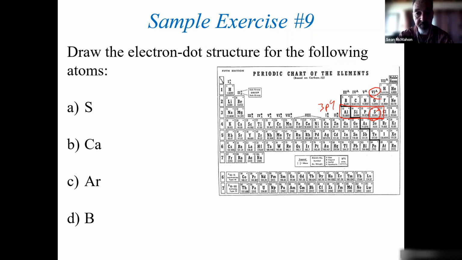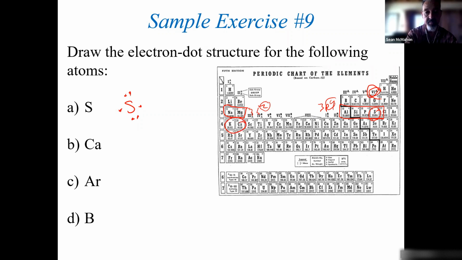It's a 3p4, but remember, for the valence shell, we're counting all sublevels, right? So there's also a 3s2. So 2 plus 4 is group 6A. So this has 6 dots. Oh, sorry. You've got to have them unpaired. 1, 2, 3, 4, 5, 6. So you can imagine sulfur likes to have 2 bonds as well.